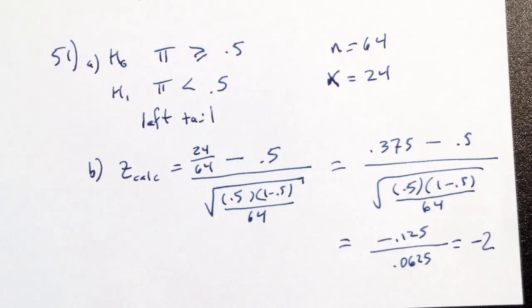I have a really good advantage here. I can go directly to table C2 and look for the z-value of -2 to get p. What is the chance z is less than -2?